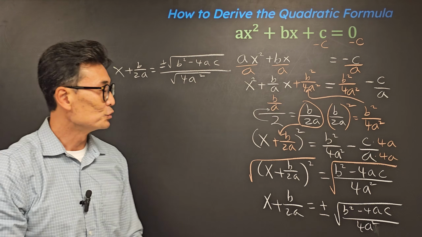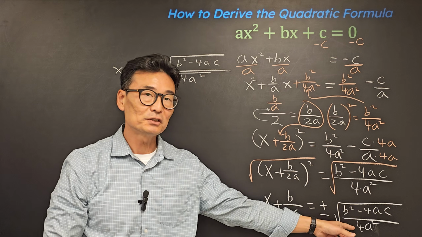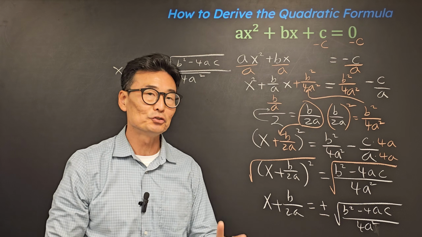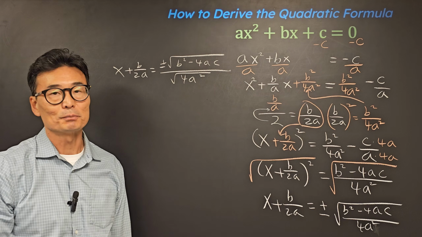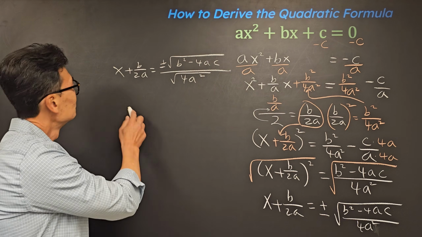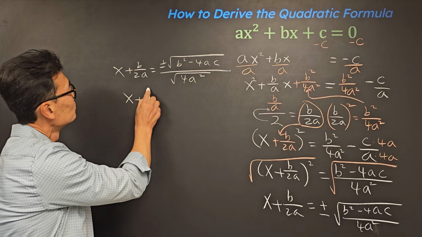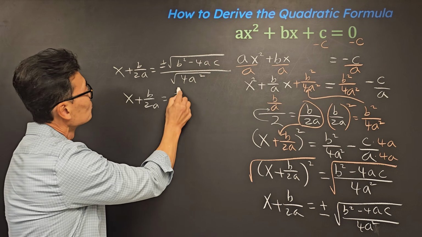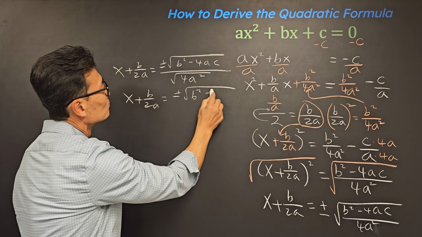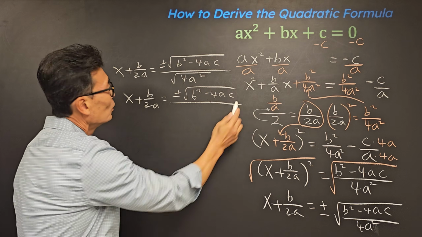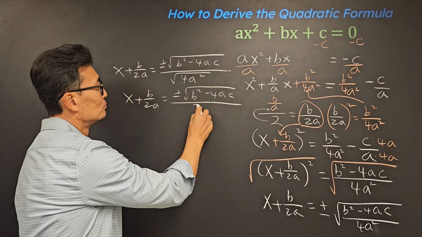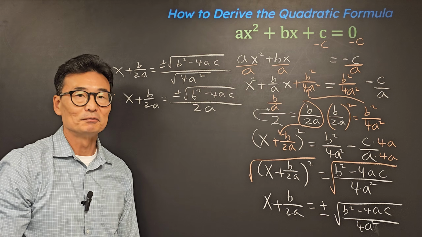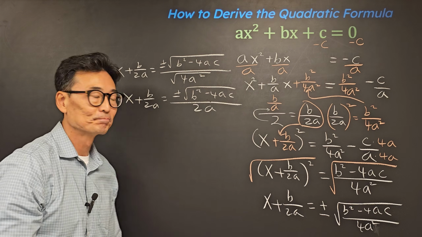So remember, when you have a square root of a fraction, you're able to rewrite it as two separate square roots, one for the top and one for the bottom. What do you get when you take the square root of 4a squared? You get 2a. Now we're almost done.